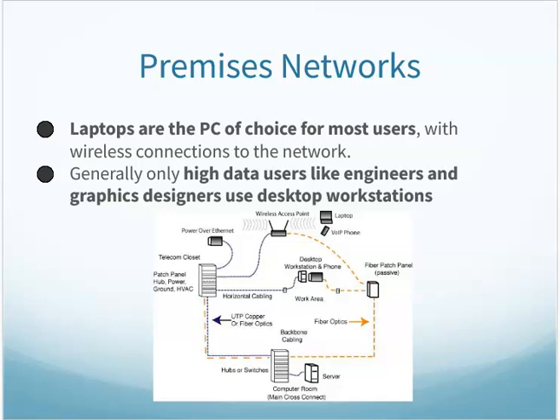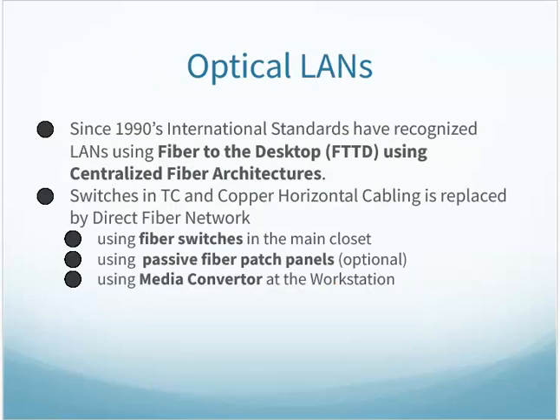Many people in businesses now are using laptops and wireless devices, so it's really, in many cases, only the high-end data users that are the ones that would need the hard connection, if you will. So that's what they're saying here about fiber to the desktop can be a viable choice.